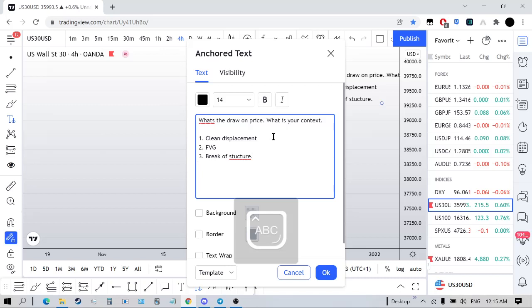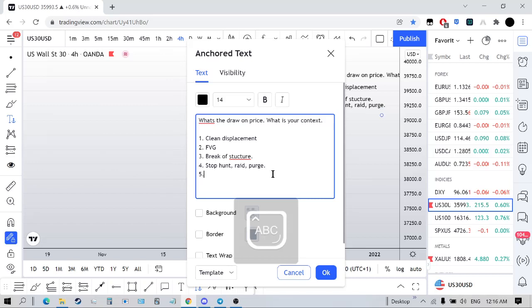And number 4, stop hunt, raid, purge, whatever names you like. Wait, I put 5, give me 1 second. These are the 4, oh, one more thing.